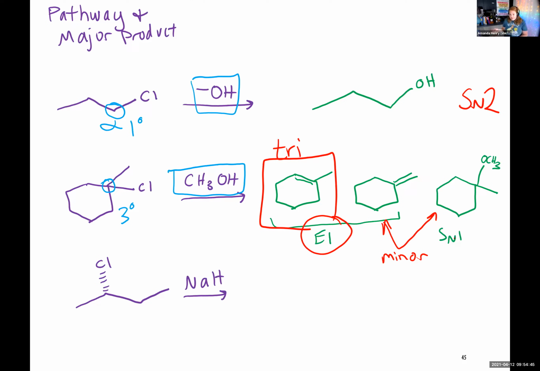Yes, so in the chat, somebody asked if I can show how it's tri-substituted. So we're looking at the double bond. Here are my vicinal carbons, the carbons that are part of that double bond. We're just counting how many carbons are attached to it. 1, 2, 3. That's what makes it tri-substituted. This one, there's my vicinal carbons, 1, 2. That one is di-substituted.